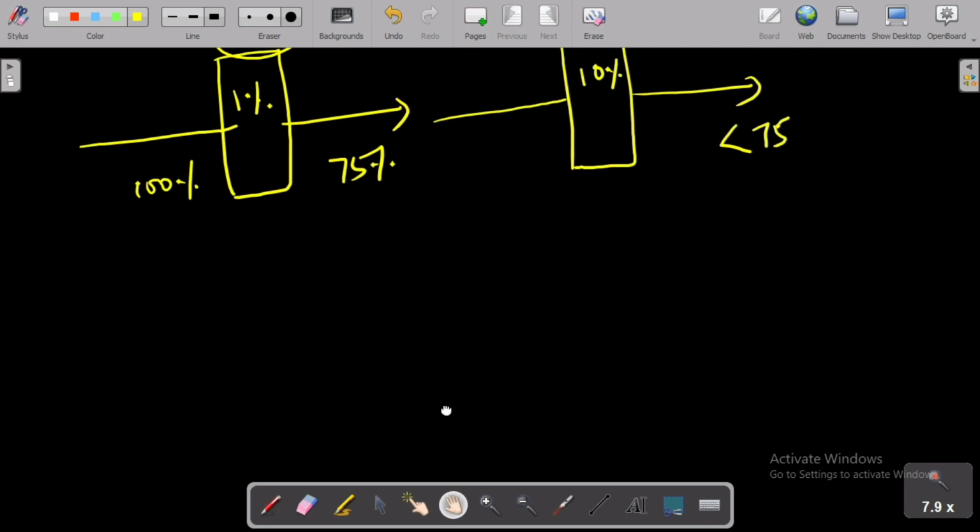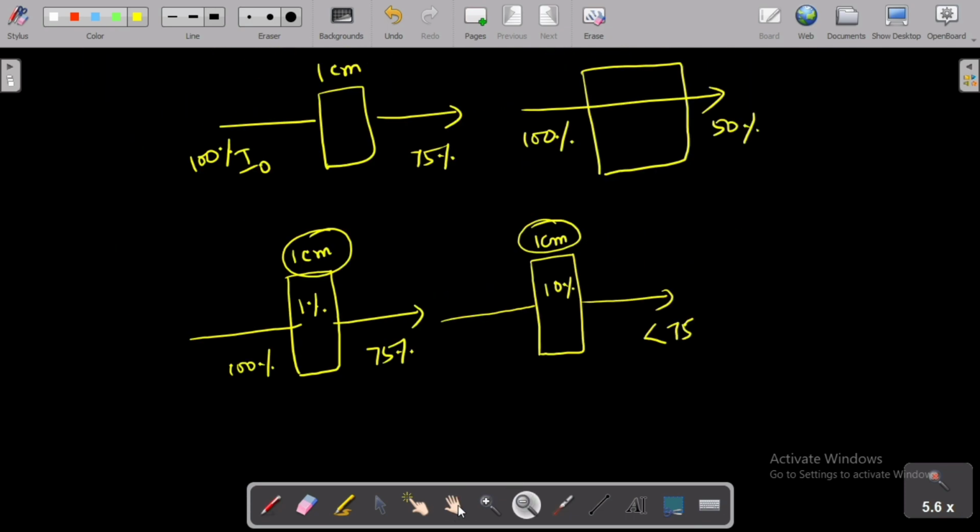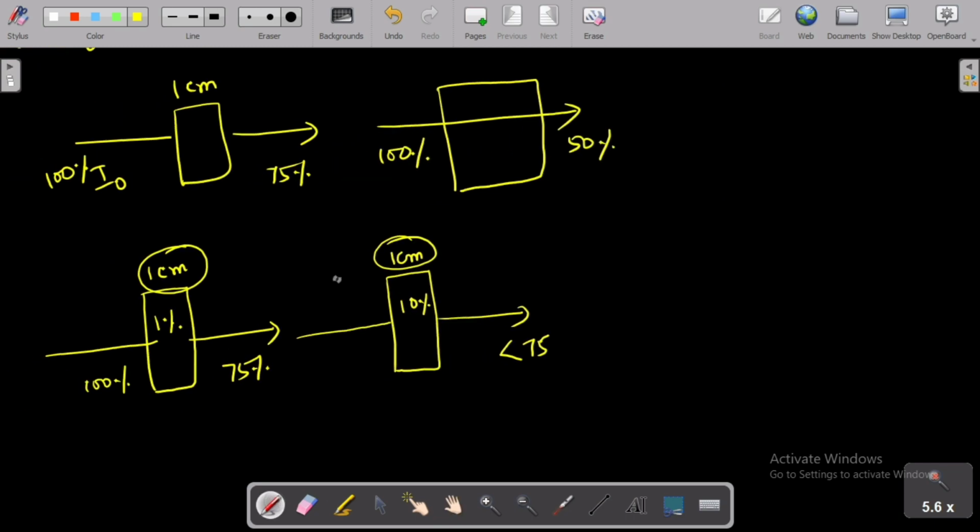Suppose I increase both, that means here 1 centimeter and this one 2.5 centimeter. Now I am going to choose both conditions, this one as well as this 10% condition.